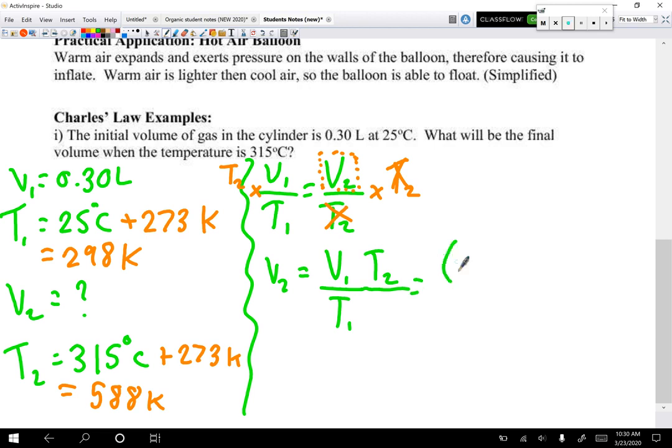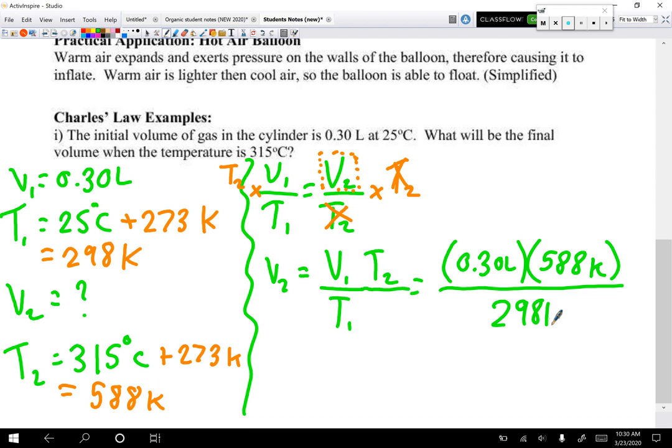So we got V1 of 0.30 liters times T2, now just be very careful, so this is why we make sure to write out all of our variables, over T1, 298 Kelvin, and we're left with V2 is equal to 0.59 liters. And then of course our answer is 2 significant digits.